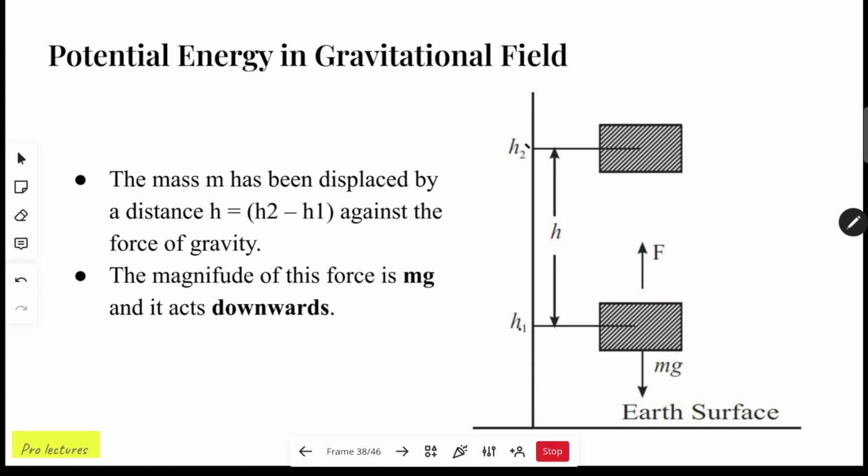If the mass has a gravitational force mg, then the person must apply a force F equal to mg, only then can the object be moved from here to here. So the magnitude of force is mg, and the distance displaced is h2 minus h1.